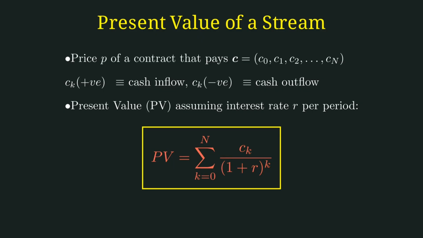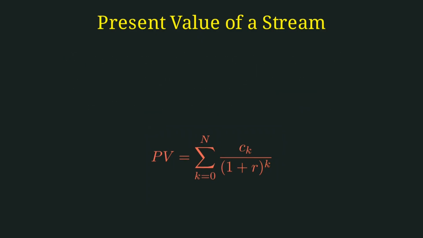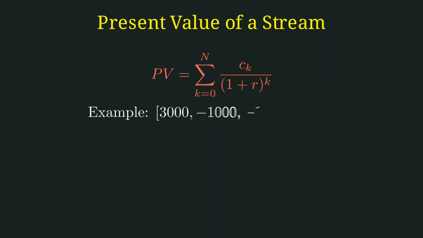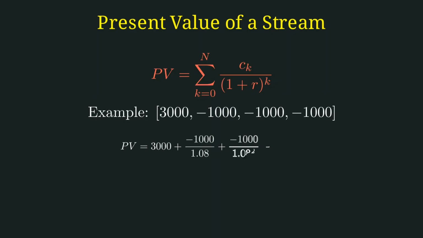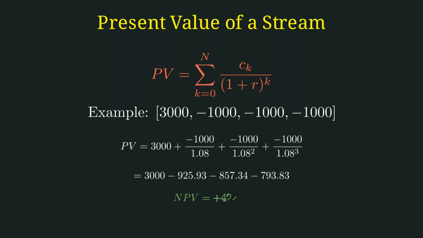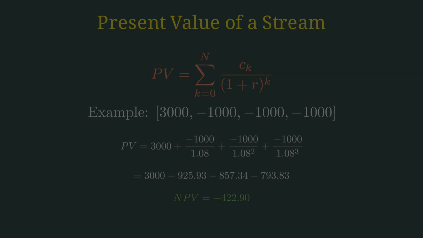PV is equal to the summation over k from 0 to n of Ck over 1 plus R to the power of k. Here 1 over 1 plus R to the power of k is a discount factor. For example, here the cash flow starting from 3000, then negative 1000, 1000, and the present value using the above formula can be calculated, and the net present value is indicated here.